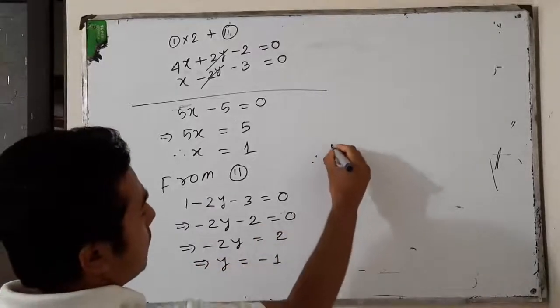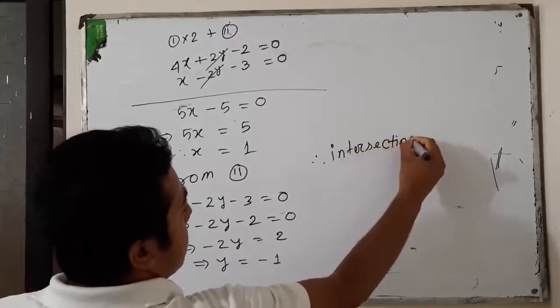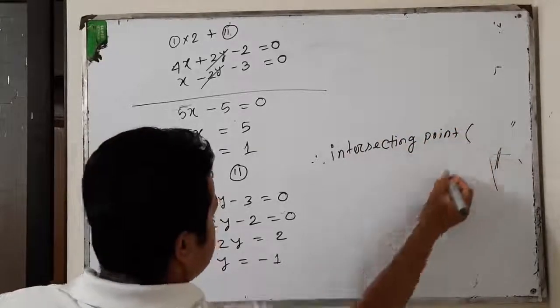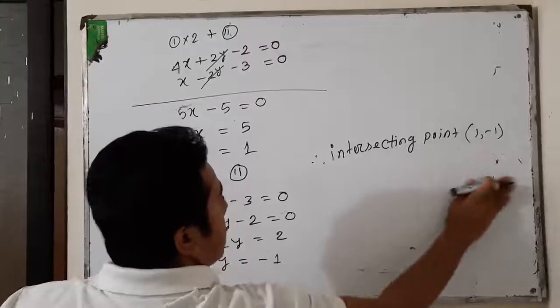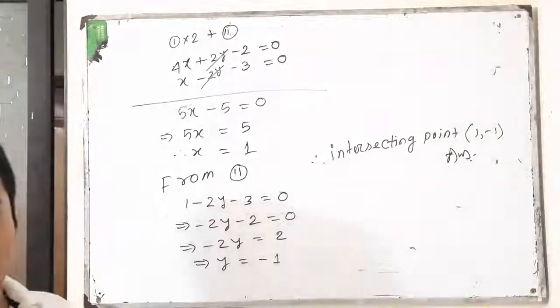So the intersecting point is (1, -1). This is our answer. Okay, that's all for our discussion today.